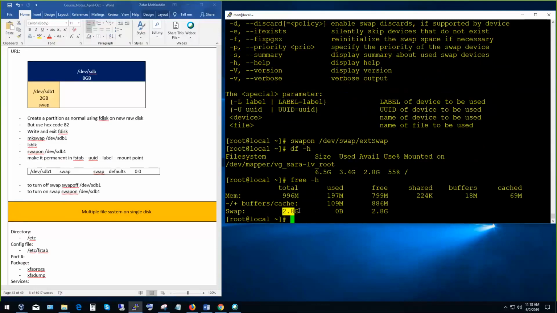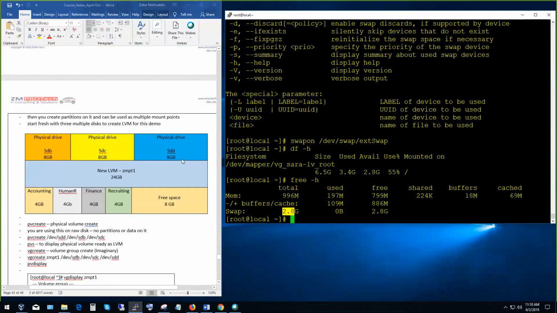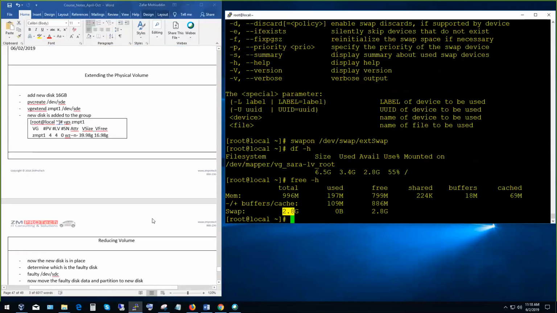So you could definitely use LVM to create swap. You could have used it over here too, no problem. I should have done that before destroying this.